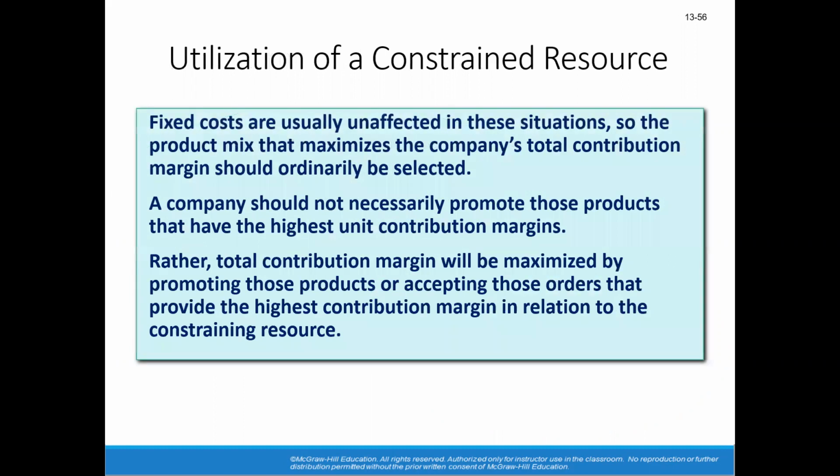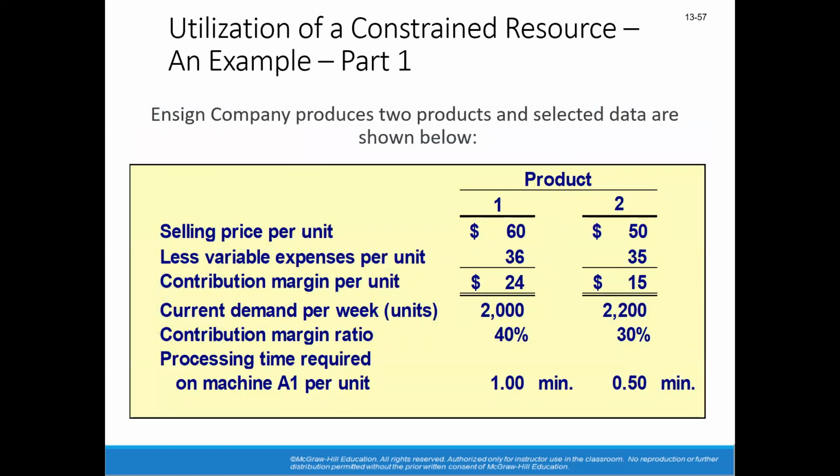So the product mix that maximizes the company's total contribution margin should ordinarily be selected. The company shouldn't necessarily promote those products that have the highest unit contribution margins. Total contribution margin will be maximized by promoting those products or accepting those orders that provide the highest contribution margin in relation to that constraining resource.